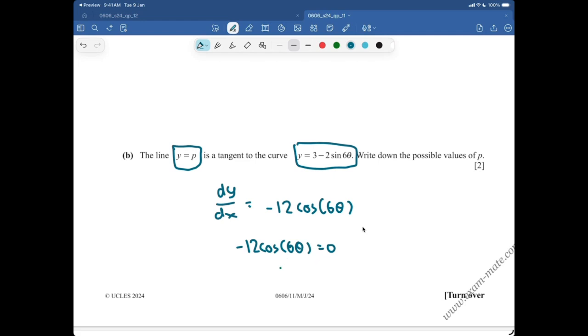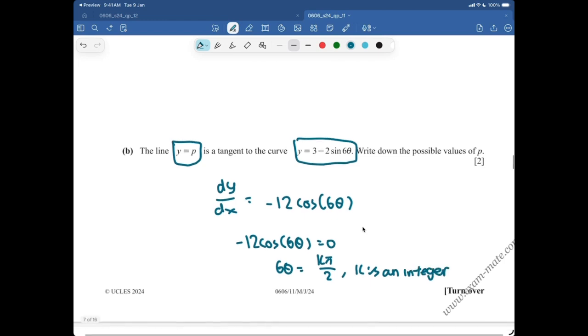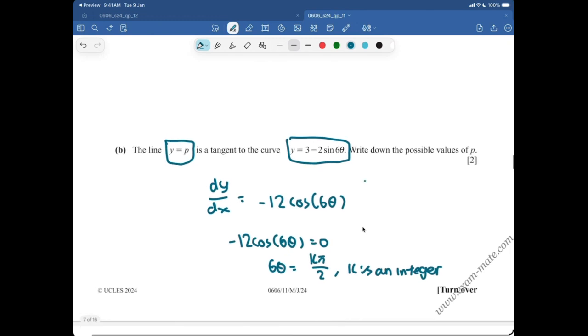So we have 6 theta equals some k pi over 2, where k is an odd integer. So for example, we can have pi over 2, 3 pi over 2, whatever. So cosine of that angle will always be 0. So theta is always equal to k pi over 12.